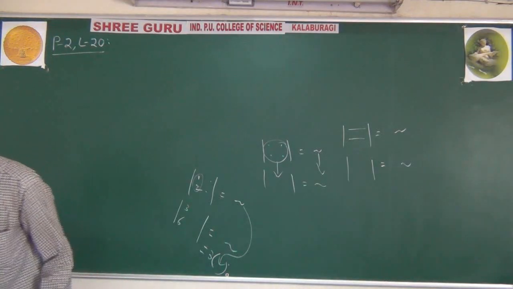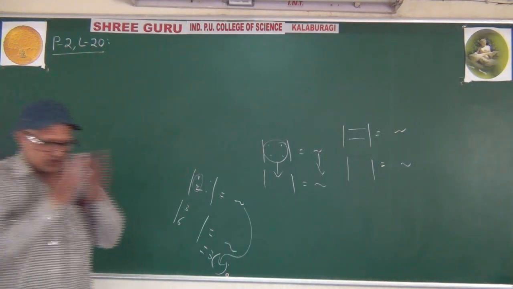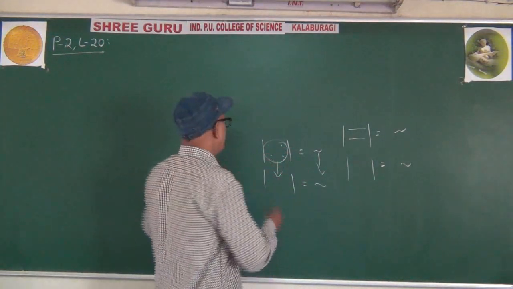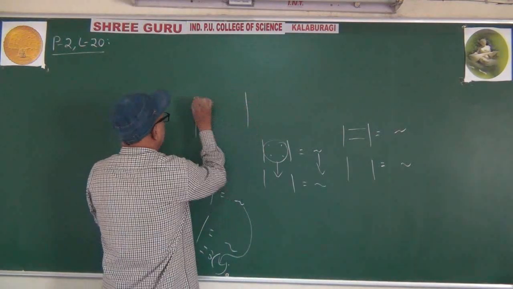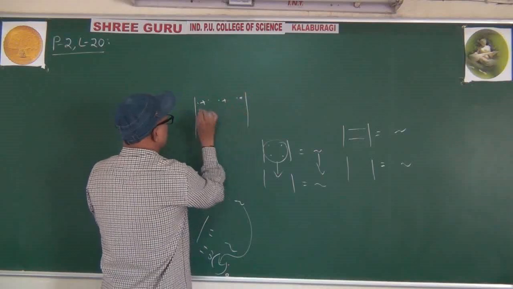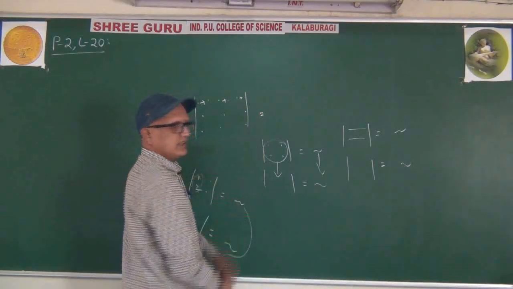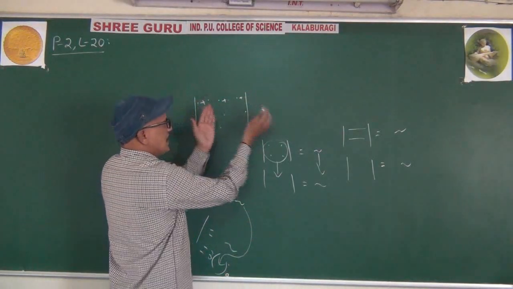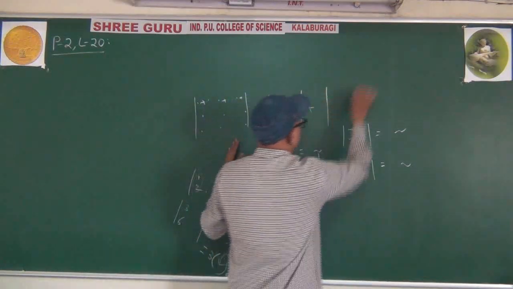Property number 5, what does it say? Splitting. If one determinant has something plus something in a row or column, then you can write it as the sum of two determinants.